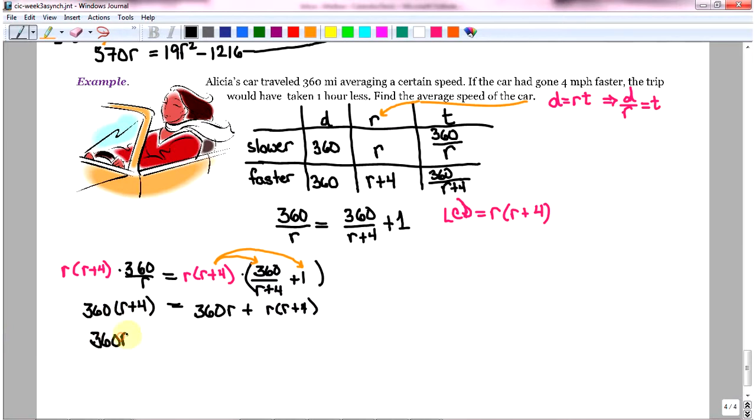So we have 360r plus, now we need to do 360 times 4, and that's 1440, equal to 360r plus r squared plus 4r. Okay, when we subtract 360r from both sides, they're going to cancel each other out, so we can subtract over 1440. So 0 will equal r squared plus 4r minus 1440.